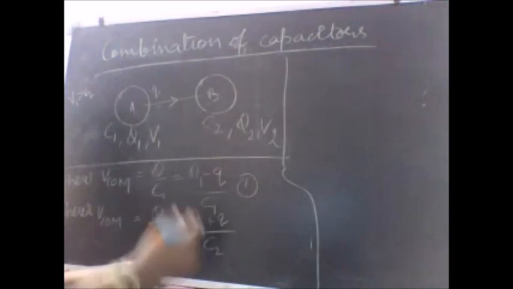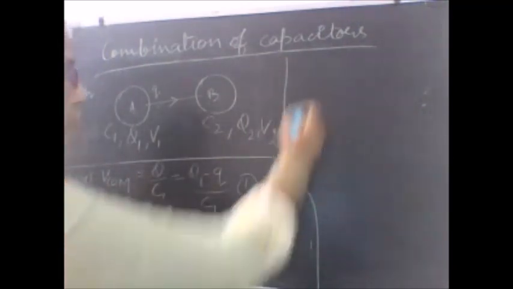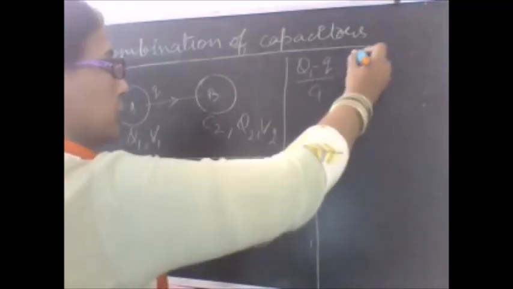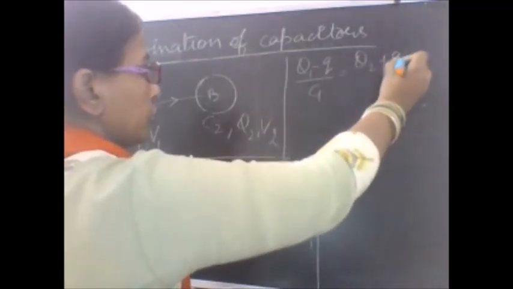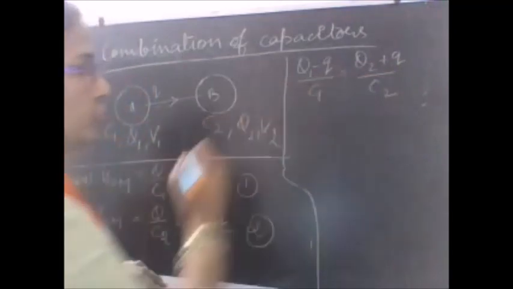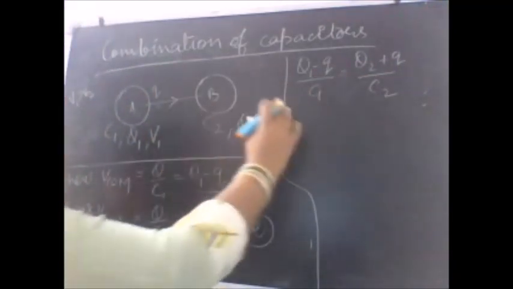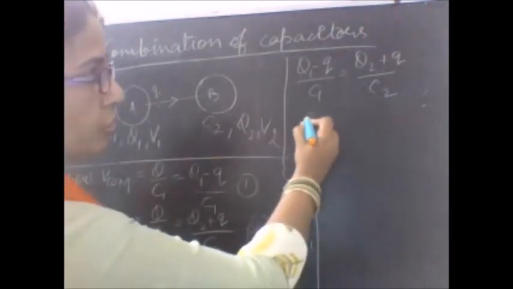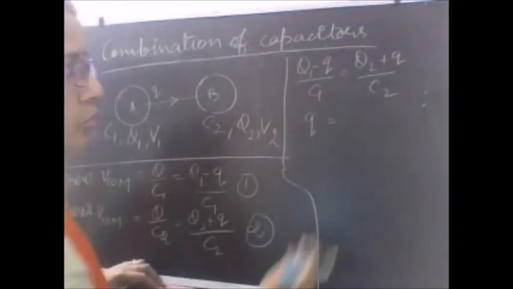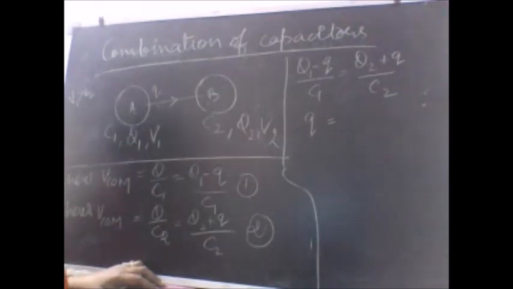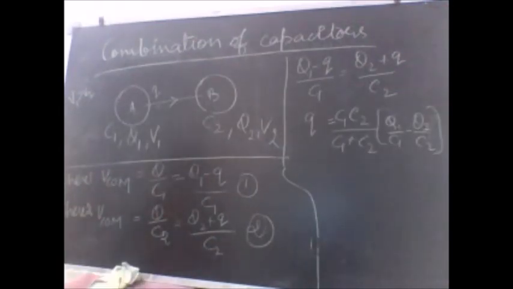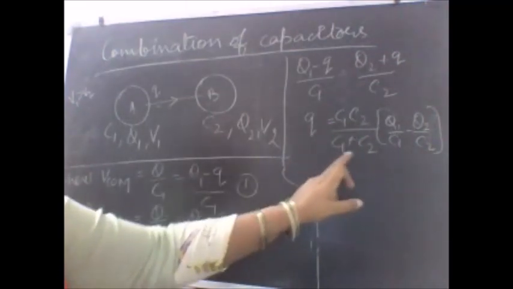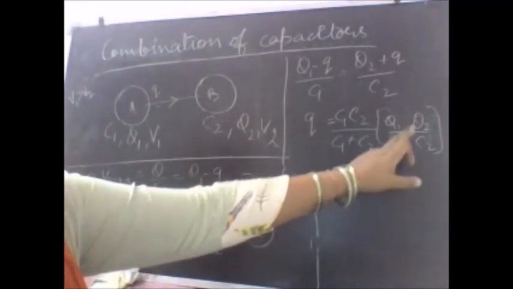So let us equate the right hand side of equations 1 and 2. So what we will get here is Q1 minus q divided by C1 is equal to Q2 plus small q divided by C2. I need to solve this equation to get the value of small q, and when I solve this equation, the value of small q comes out to be q is equal to C1 C2 by C1 plus C2 times Q1 by C1 minus Q2 by C2.